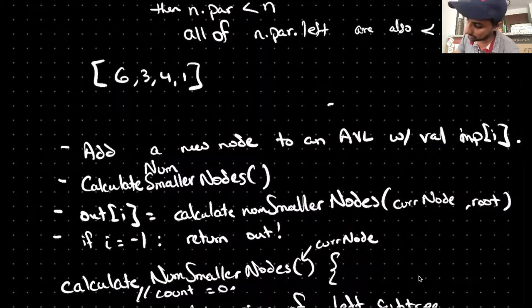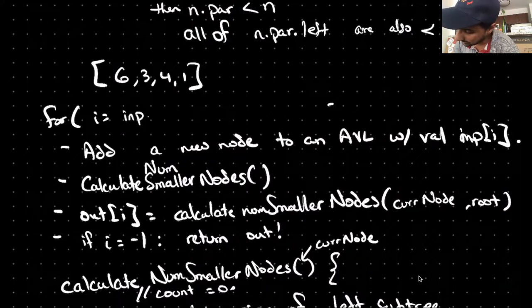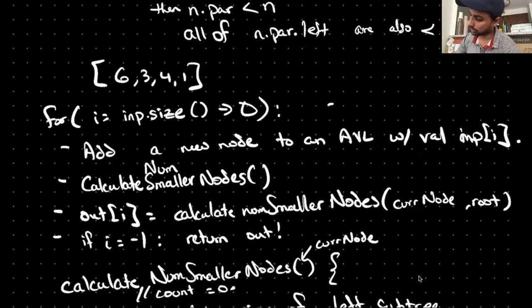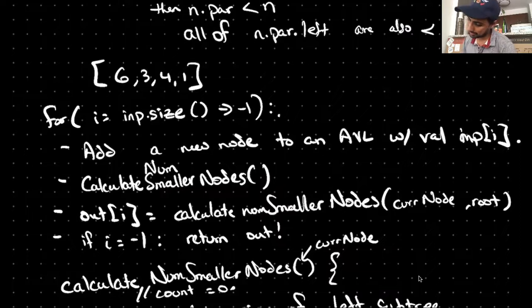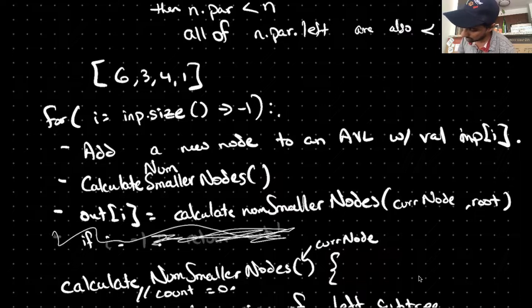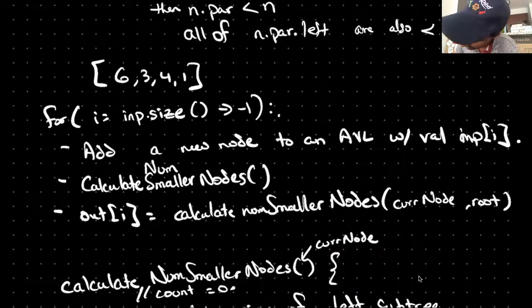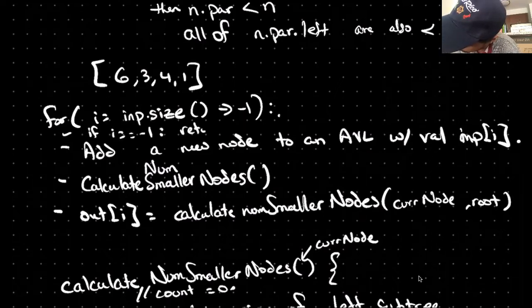This can be something like for i equals input dot size to, sorry, to -1, we do this whole thing. And then we want this line of code here to be the first thing that we do. This is our base case: if i equals -1, return out.